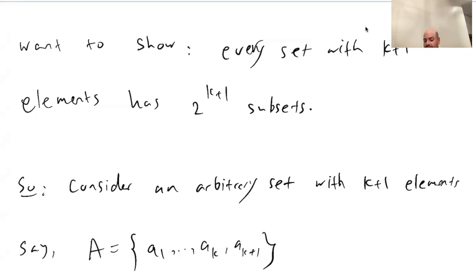So we have an arbitrary set with k plus 1 elements. And I know that if it had k elements, then I know how many subsets it would have. But right now it has k plus 1 elements. Now, how can I make a connection between a set with k plus 1 elements and a set with k elements? Again, remember our job is to make a connection between the assumption, which is the statement being true for n equals k, and the conclusion, which is the statement being true for n equals k plus 1.